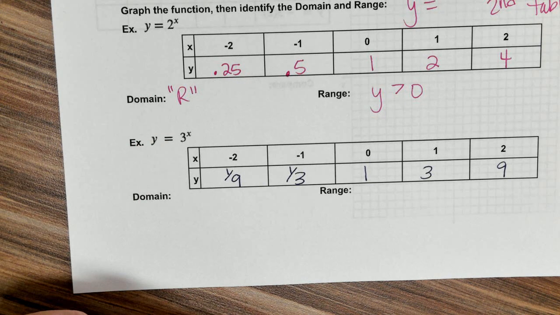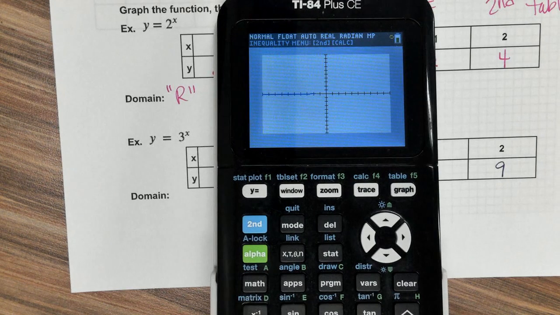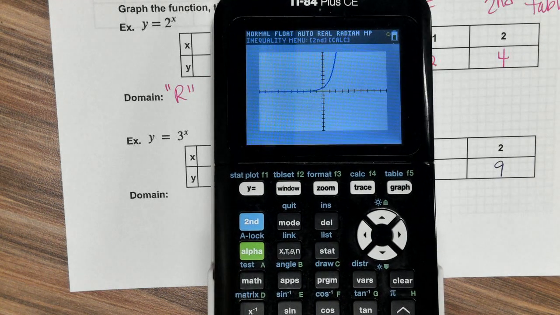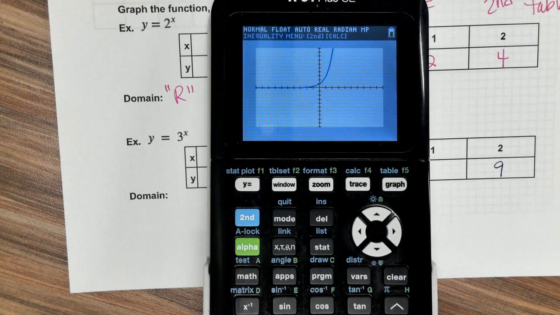All right, write the domain and range. Go to your graph to look at it. All right, here's my graph. The domain is the lowest x to the highest x.